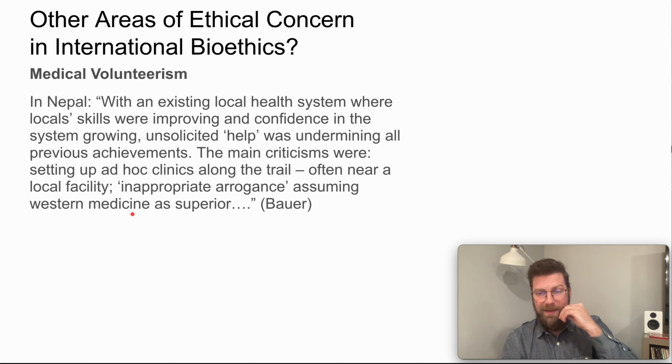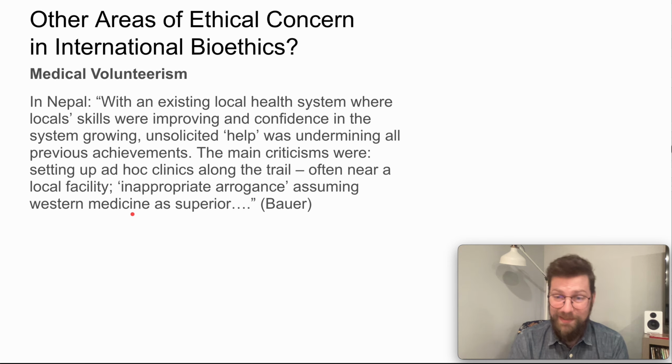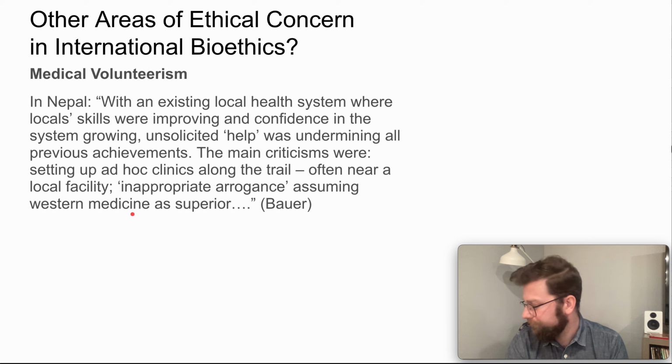Now, I know of some people who have engaged in medical volunteerism themselves. So, for instance, my mom has done volunteer work with a charity that has done work in Kenya, among other places. And we don't necessarily need to think that all medical volunteerism is bad, but we want to make sure that it's collaborative and not a simple Band-Aid solution to problems.